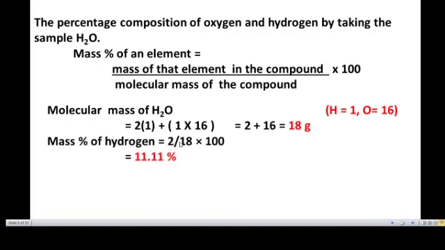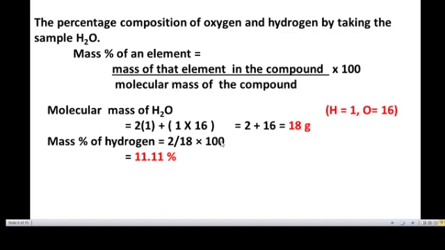Next step, we have to calculate the mass percentage of the first element present in this compound, that is hydrogen. So mass percentage of hydrogen: the mass of 2 hydrogen atoms is 2, divided by molecular mass of the compound, that is 18, as per the formula into 100.